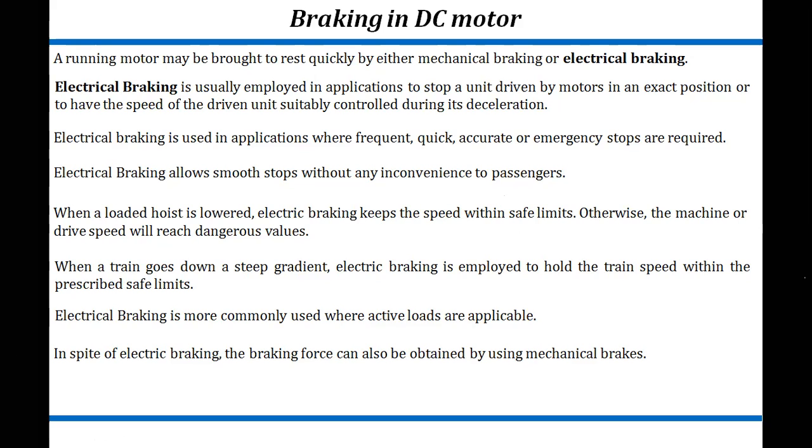In that way, if an electrical train is going down a steep gradient, we can apply electrical braking to hold its speed within the prescribed safe limit. So electrical braking is more commonly used nowadays where we need active loads.